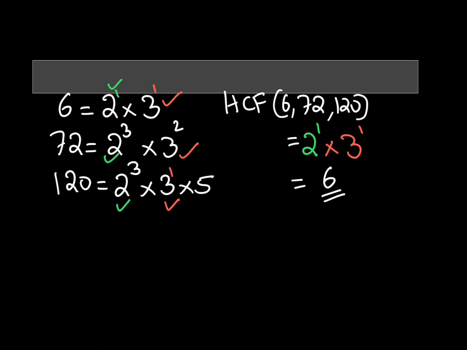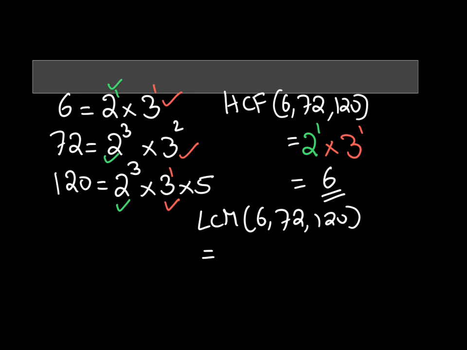Let's now figure out what is the LCM of these three numbers. LCM of 6, 72 and 120. Remember the method now of finding the LCM of these three numbers?